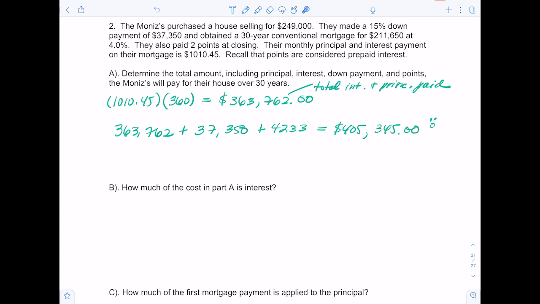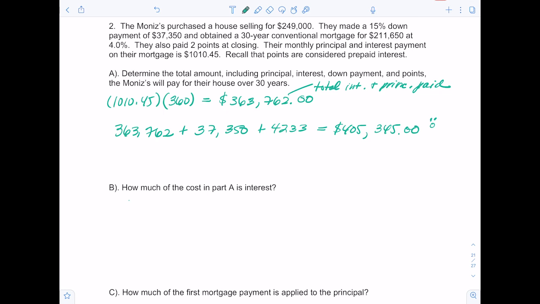And the reason is a lot of what's included there is interest. So how much interest are they actually paying? So to calculate that, we're just going to take the total cost of the house and we're going to subtract the purchase price of the house, which was the $249,000.